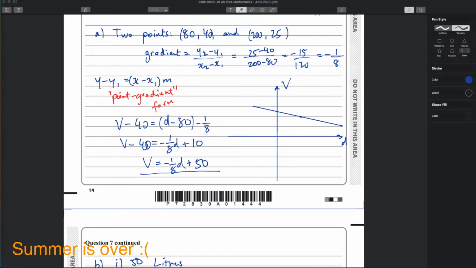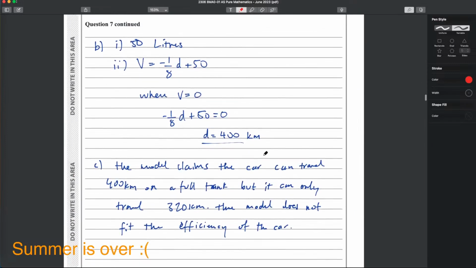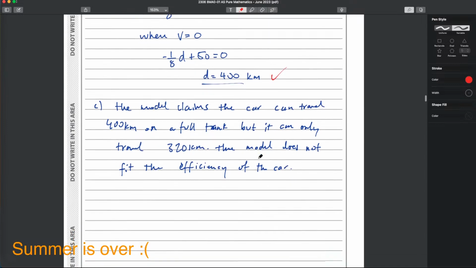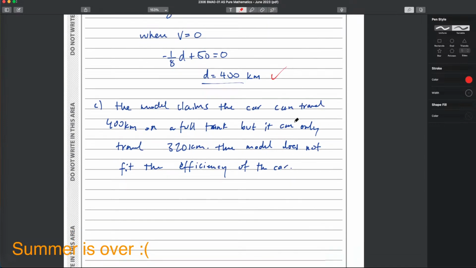Question 7. Okay, that's fine. This was good. Initial volume was 50 liters, and the distance traveled was 400 kilometers. Poor model, yeah.